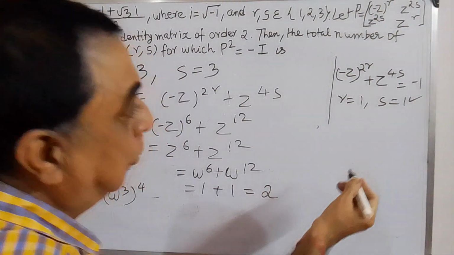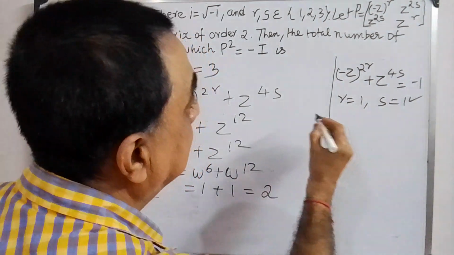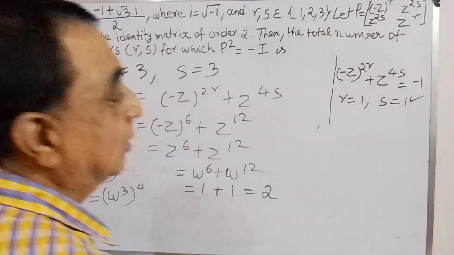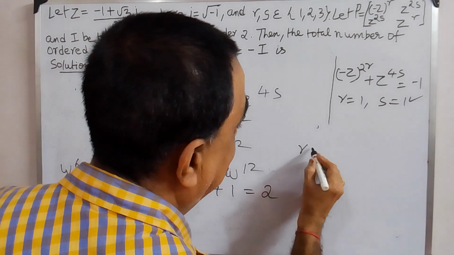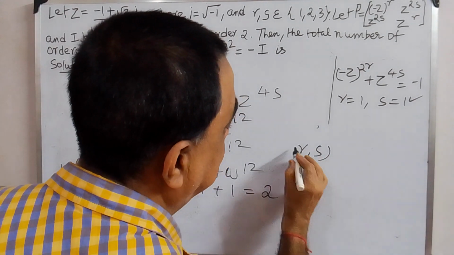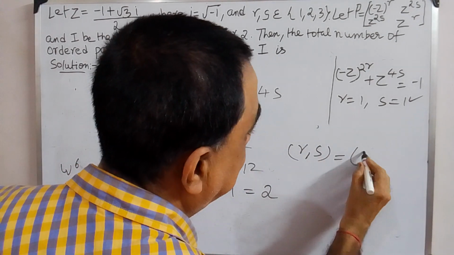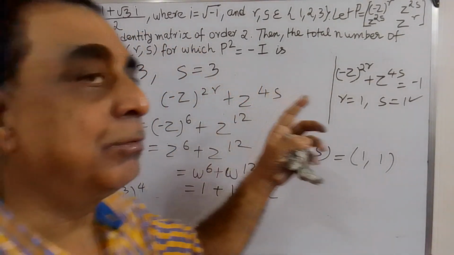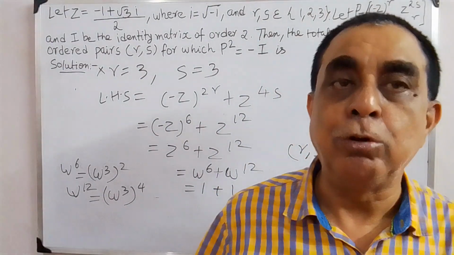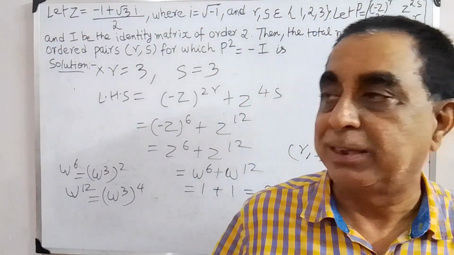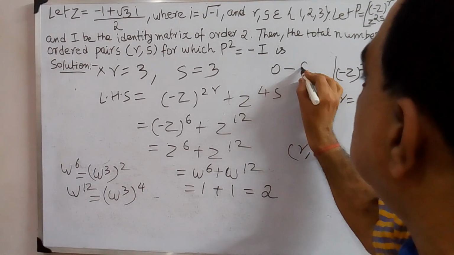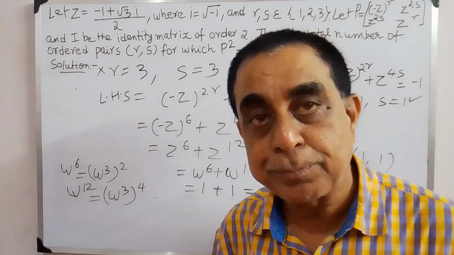So only one possibility is there. The ordered pair r is equal to 1 and s is equal to 1. Only this is the possibility. Here the question told us that the answer is a single digit, any number from 0 to 9, including both.